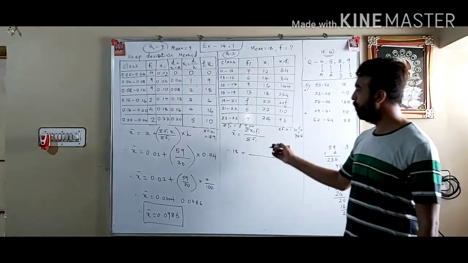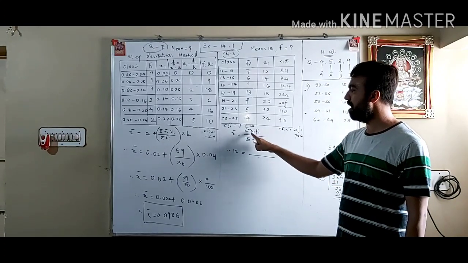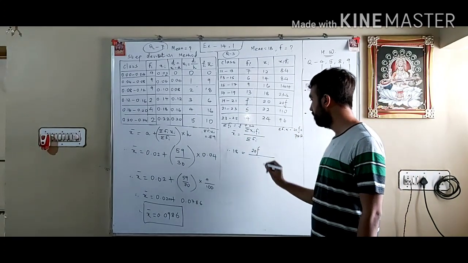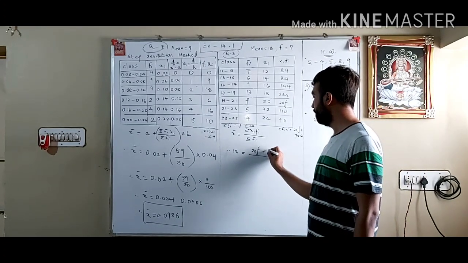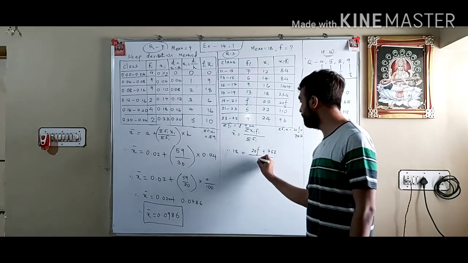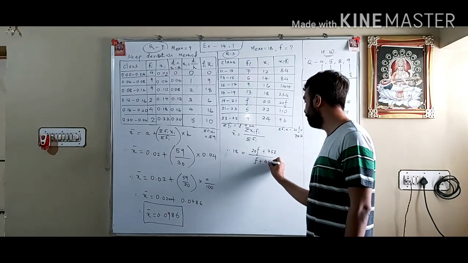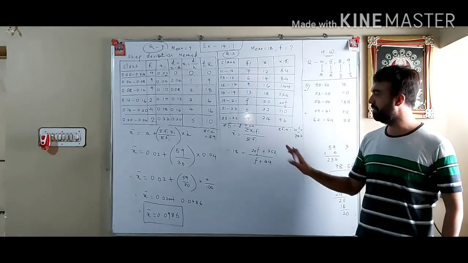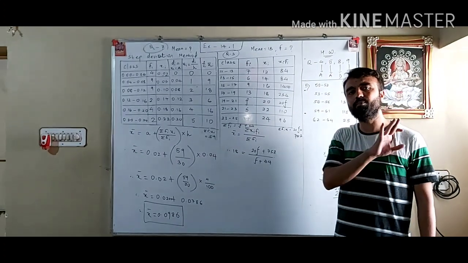Okay, now put the values here. क्या था ऊपर? सिग्मा xi fi, ये रहा. कितना आया था आंसर? 20f plus 752. और नीचे कितना आया था आंसर? f plus 44. ठीक है, इसे वैल्यू पुट करनी, जैसे वो सम करते थे बिल्कुल वैसे ही.